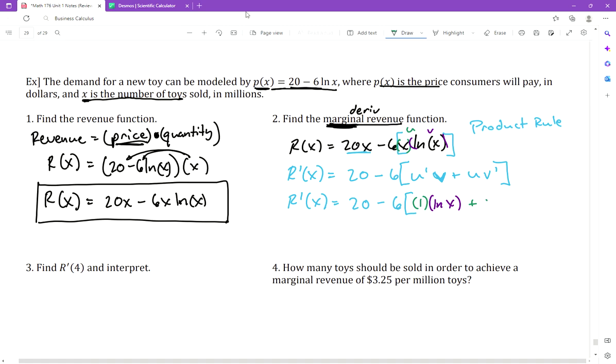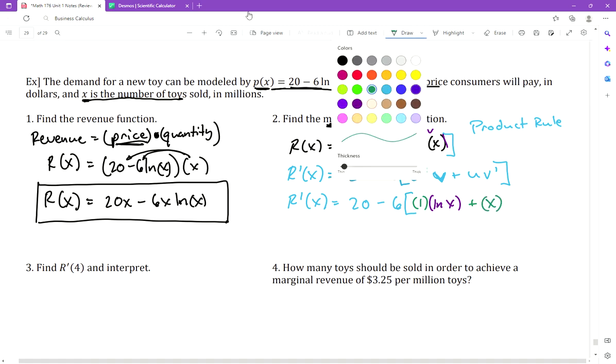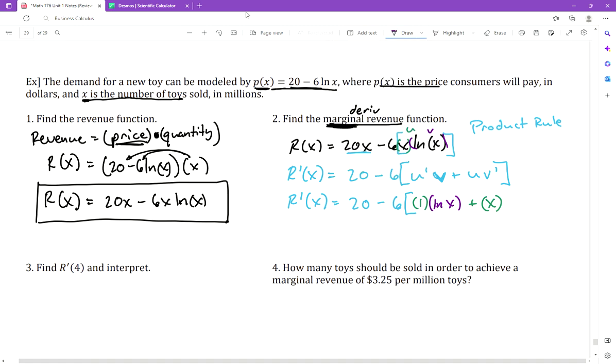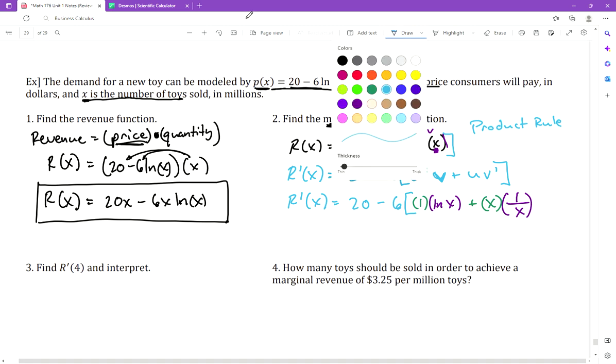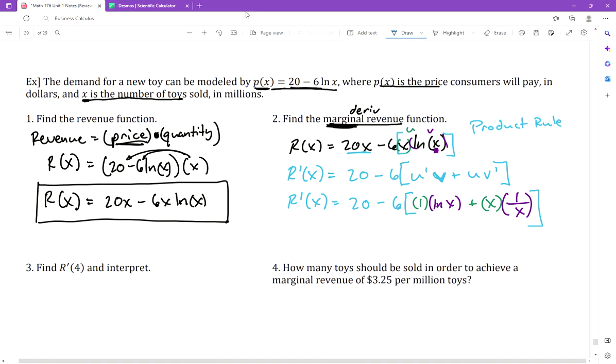Again, u is just x, so plus x, and then the derivative of the natural log function. You can still think of it like this: the x here needs to get put in a denominator, and then the derivative of x, which is 1, is put in the numerator. And then use your bracket. There we go. Okay, so there's the big setup.